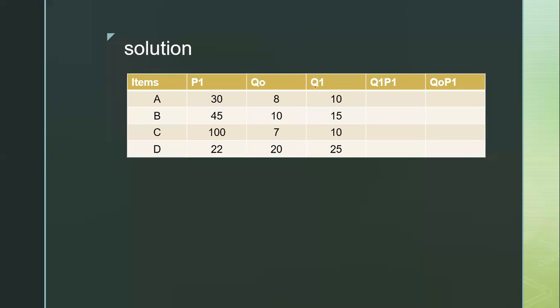So I've already done the table over here. Items, P1, that is price of the current year, the quantity of the base and the current year. Quickly calculate Q1 P1, Q0 P1. Q1 into P1, that means quantity of the current year into the price of the current year. First one, 300. Second one, 675.